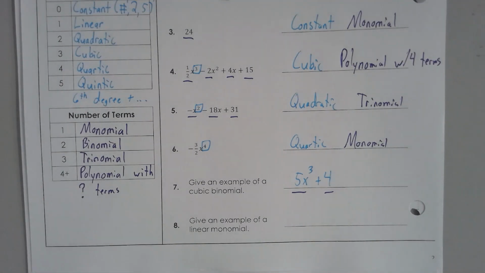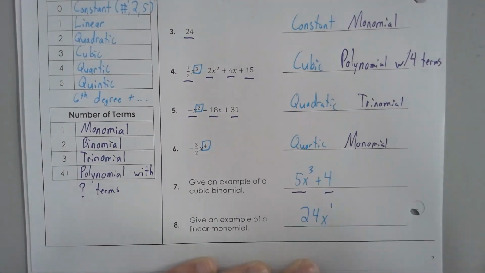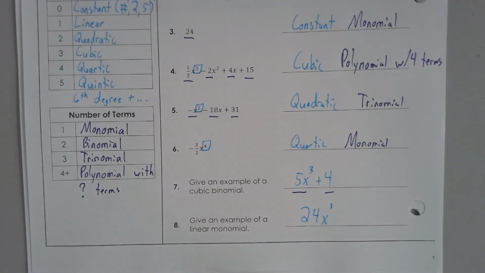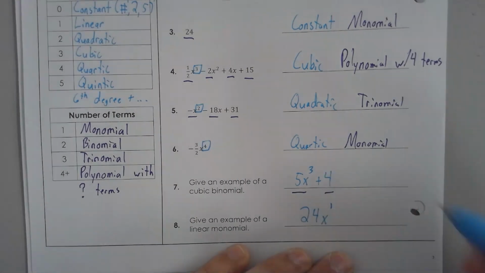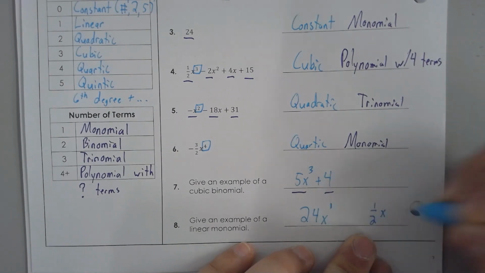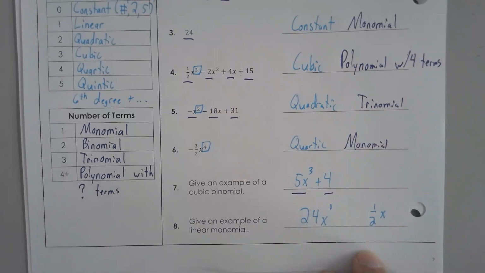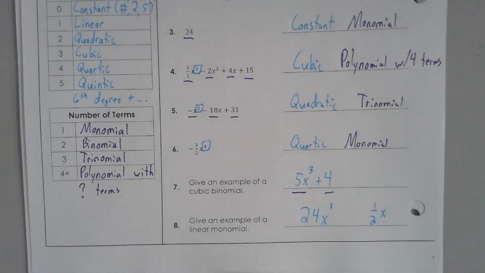Alright, what about number 8? Anybody want to volunteer for it? 24x to the 1. Good. That would be a fraction. It doesn't matter. Either of them could be a fraction. You could write 4 over 3x.